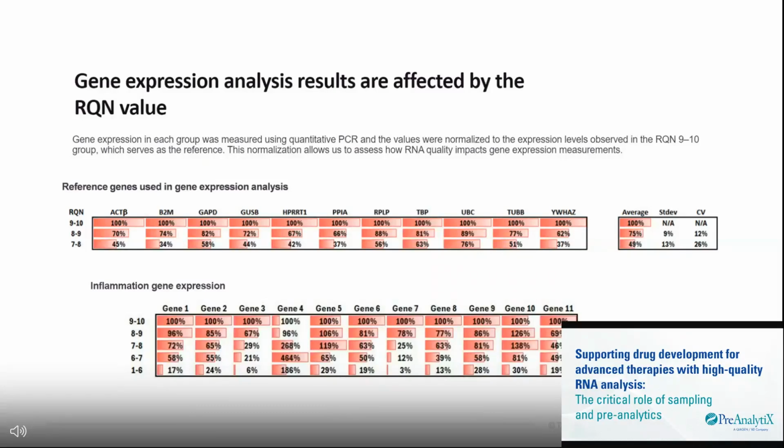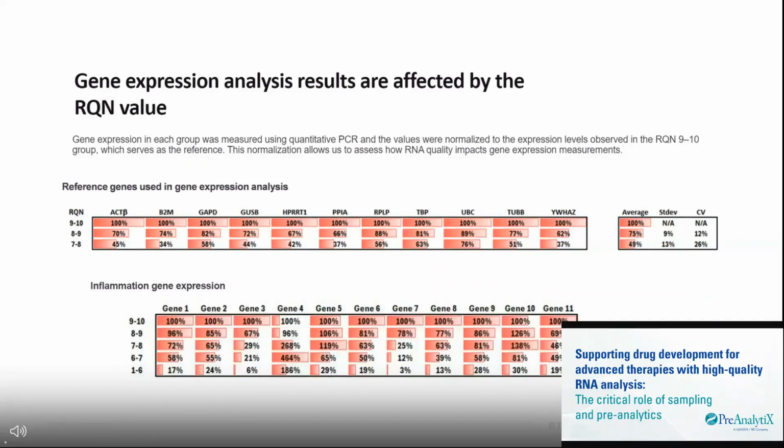If the method has been properly developed and validated, you can still extract meaningful insights from samples with RQN values below 8. This is especially evident with gene number 4 here, which shows increased expression at lower RQN levels. This is likely indicating a true patient-specific biological response.